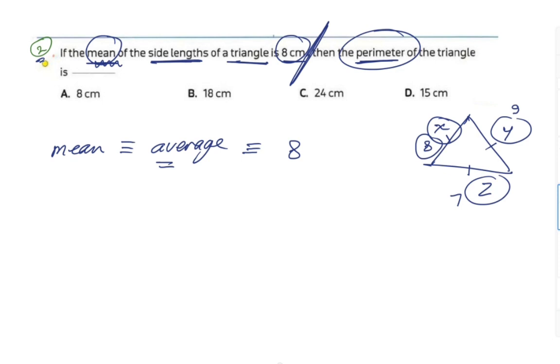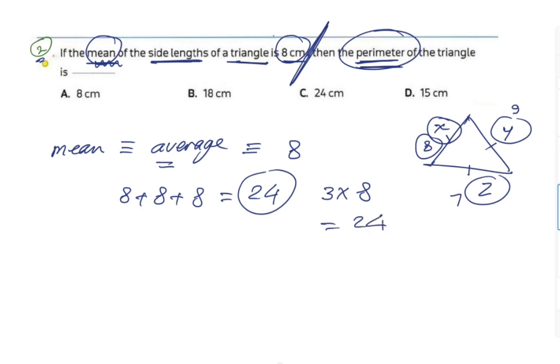Now I can consider that x equals y equals z equals 8, and the perimeter of any triangle is the sum of its side lengths. Now 8 plus 8 plus 8 equals 24, that's 3 times 8, equals 24 centimeters.